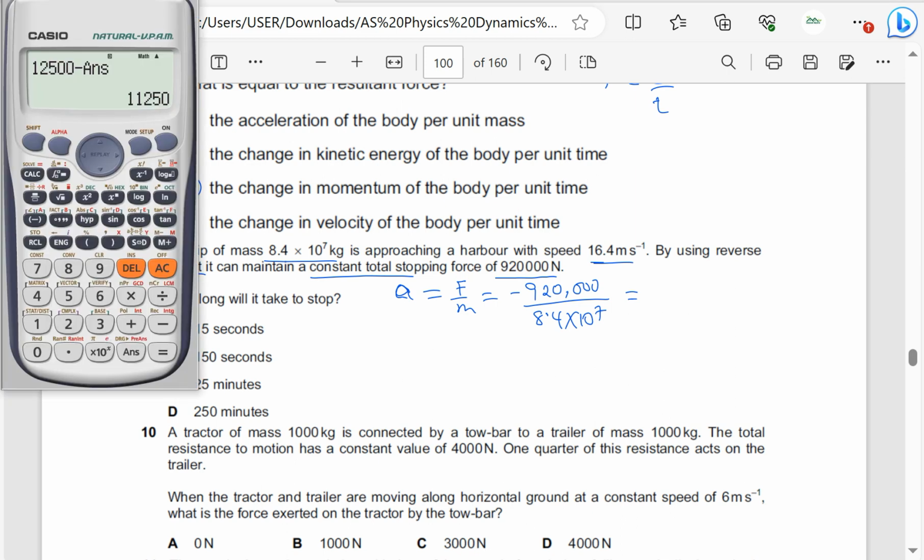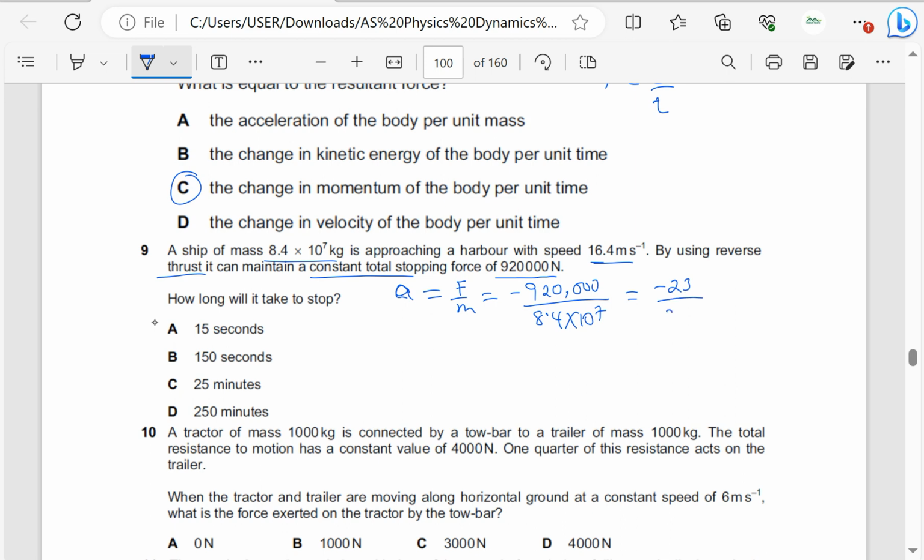Most of these are reduced. So that is 23 over 2100. So minus 23 divided by 2100 meters per second squared.